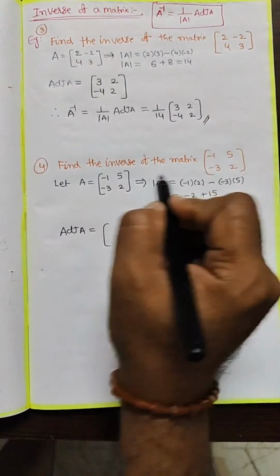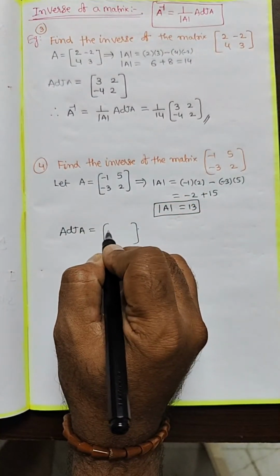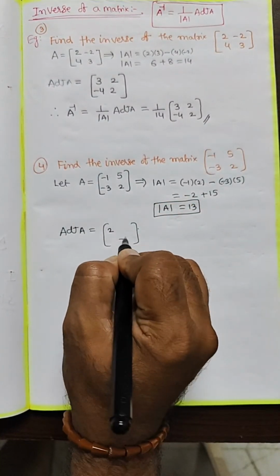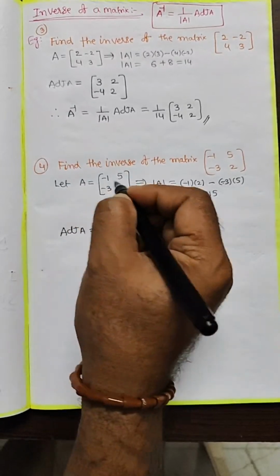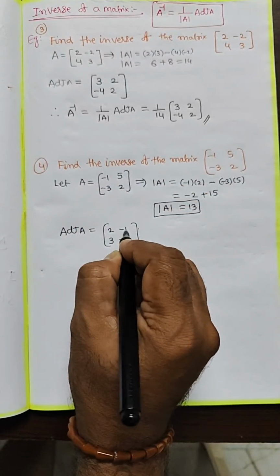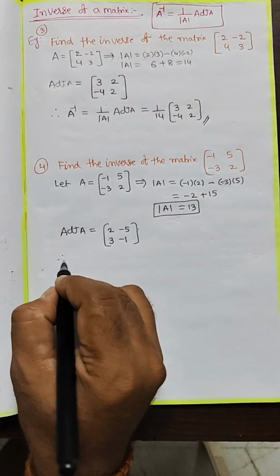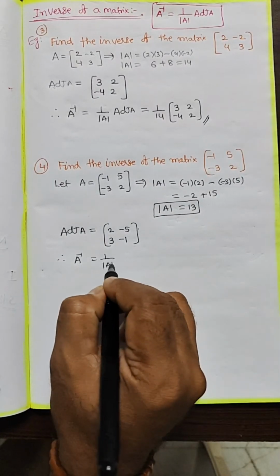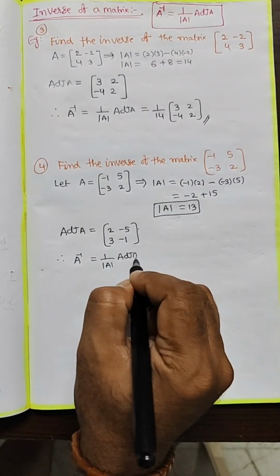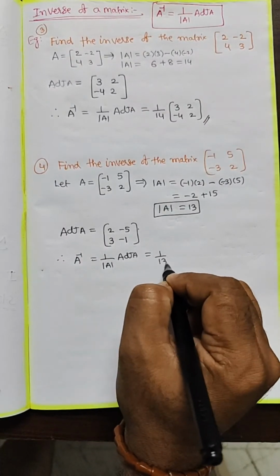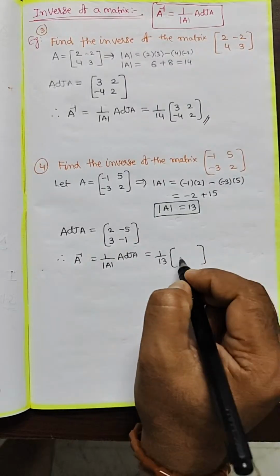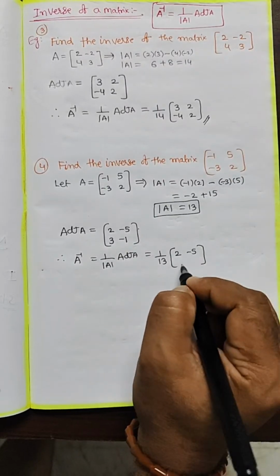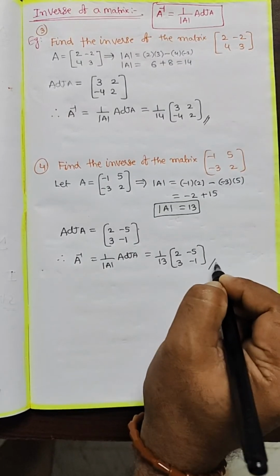So adjoint of this matrix is 2, minus 1, interchanging of these two and sign changing of this one. This is plus 3, minus 5. Therefore, inverse of a matrix, A inverse, equals, write the formula, 1 by det A into adjoint A, which is equal to 1 by 13 into the matrix 2, minus 5, 3, minus 1.